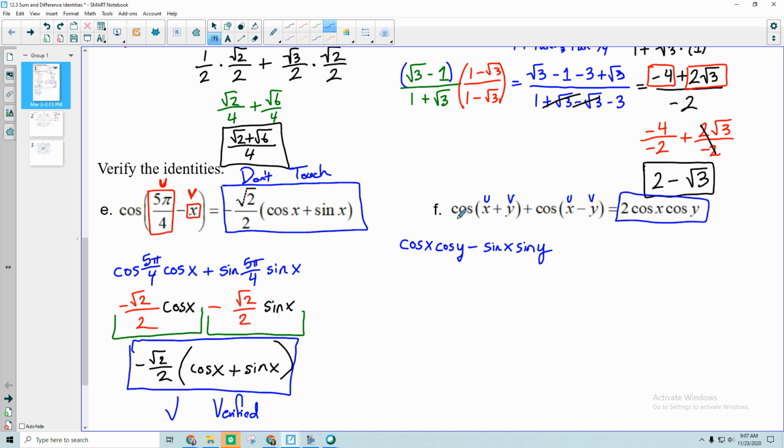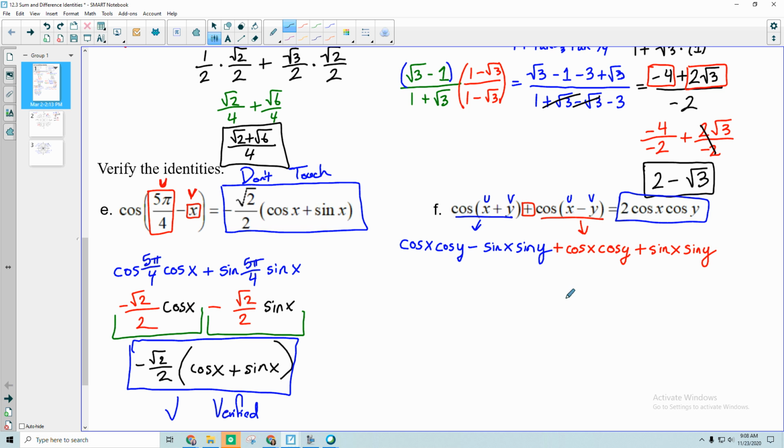So from this first addition identity, I got this. And then from the subtraction one, now I will get this: cosine of x times cosine of y plus sine of x times sine of y. Okay? So hopefully you can see that this came from the addition identity and this one came from that difference identity. And there's addition going on between the two of those because that's what was happening at the very beginning.